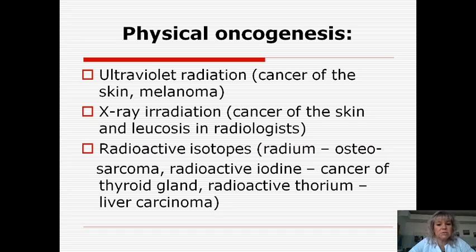X-ray radiation can lead to cancer of the skin and leukosis in radiologists. Radioactive isotopes: radium leads to osteosarcoma, radioactive iodine to cancer of the thyroid gland, radioactive thorium to liver sarcoma, and many others.